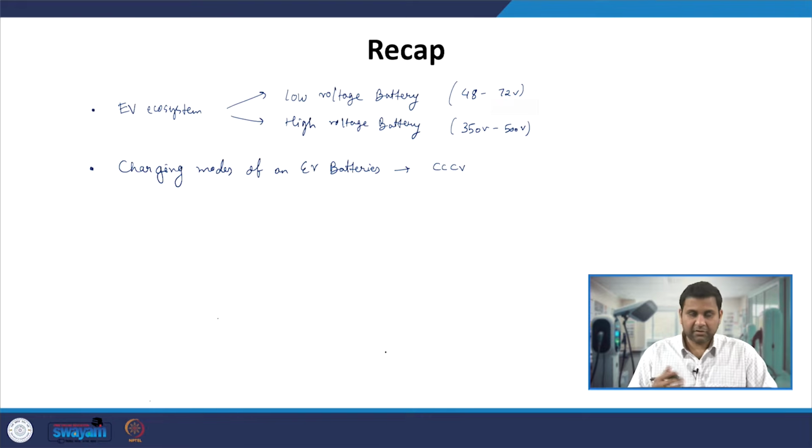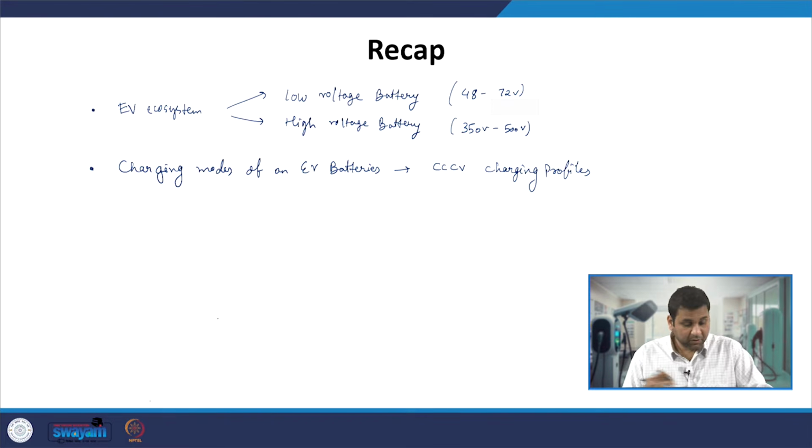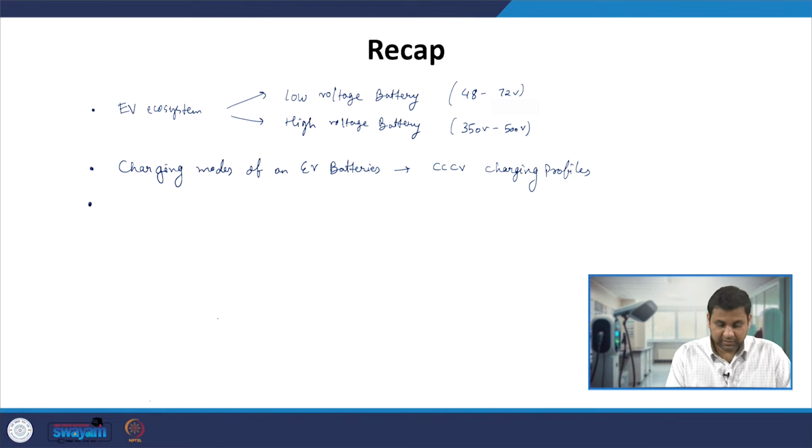Sometimes people also use multi-step constant current charging as well. So while charging we generally use CC followed by CV charging profiles, particularly for the lithium ion batteries, which are commonly used in EVs at present.